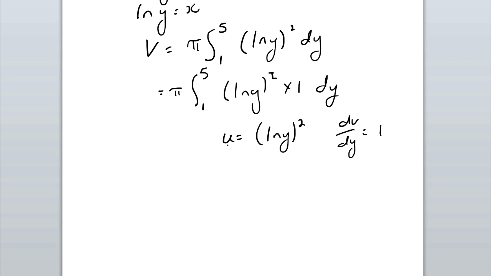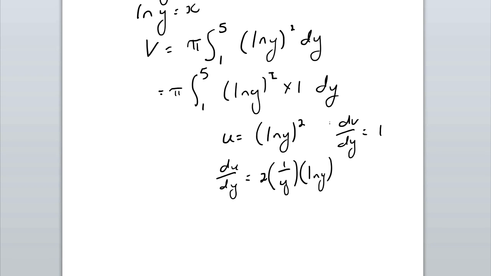Now I'm going to differentiate u, so I'm going to have du dy, and the moment I differentiate this, I'm going to say the power times to the front multiplied with the derivative of the inside. The derivative of natural log y is 1 over y, and then just from my chain rule I'm going to be left with natural log y.